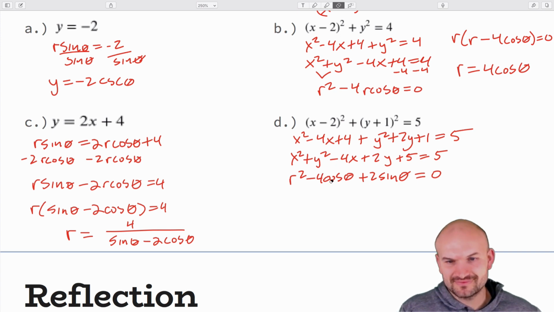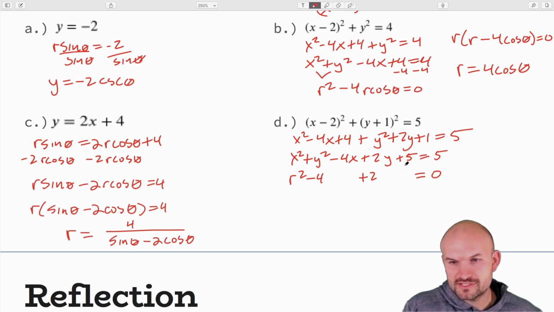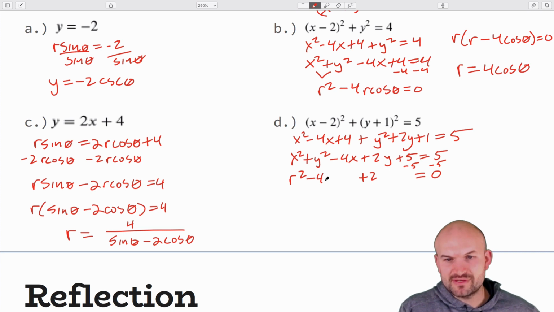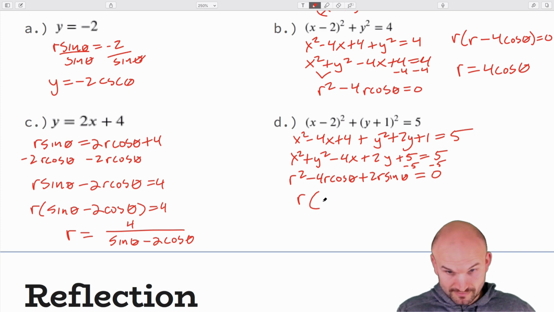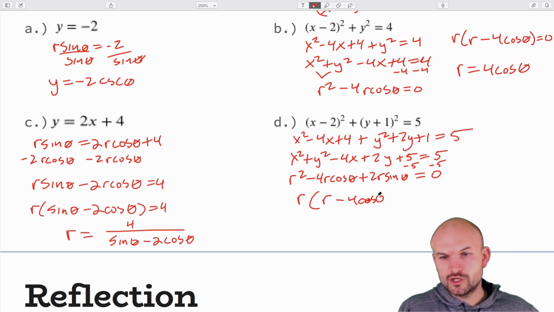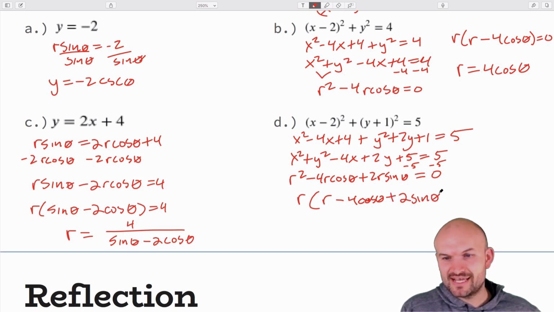Going too fast. So 4x becomes 4r cosine of theta. 2y becomes 2r sine of theta. Very good. Now we factor out the r, and again, we're going to be left with r times r minus 4 cosine of theta plus 2 sine of theta equal to 0.